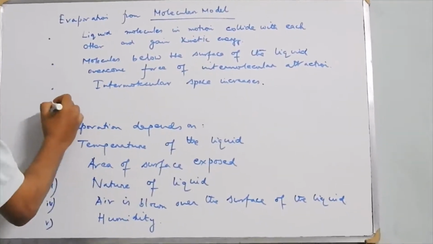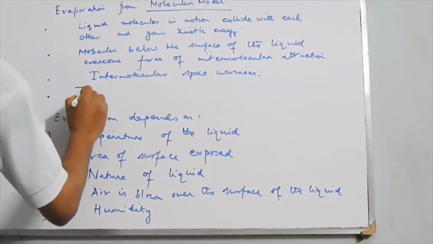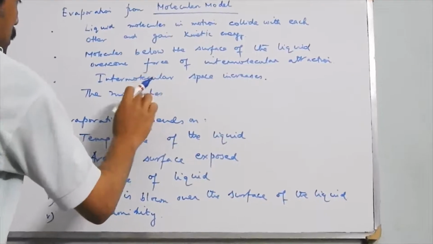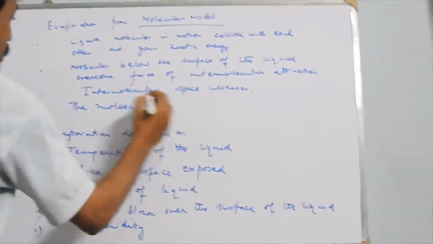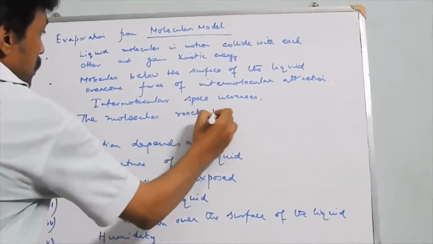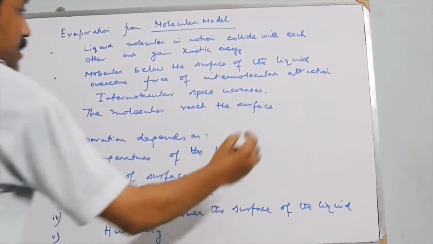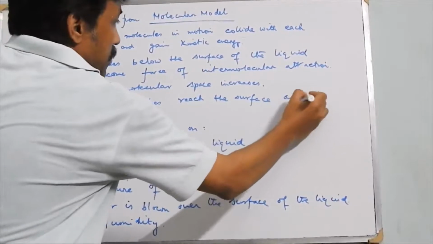As the intermolecular space increases, the molecules just below the surface reach the surface and extract heat from the atmosphere or the surroundings.